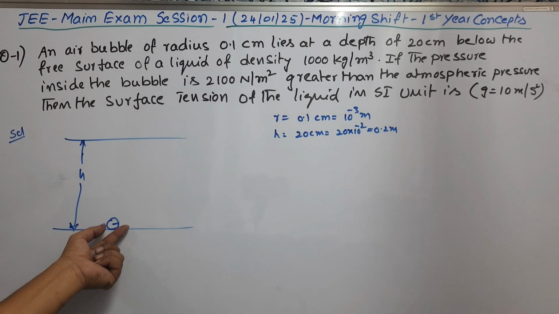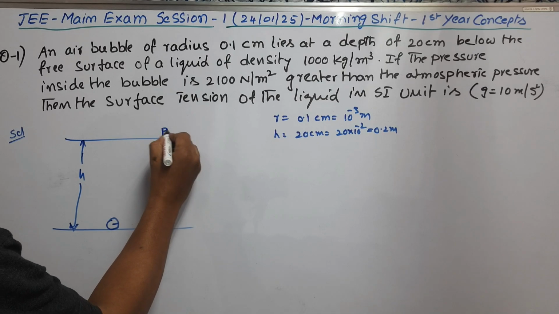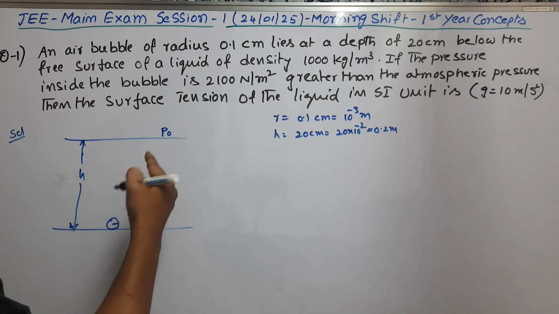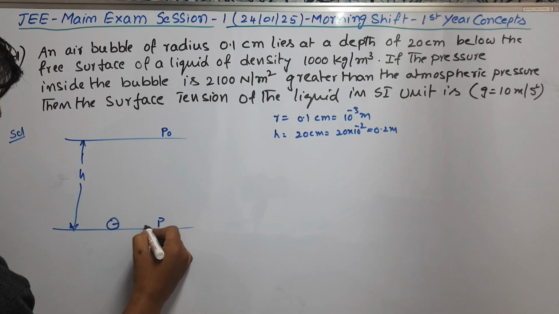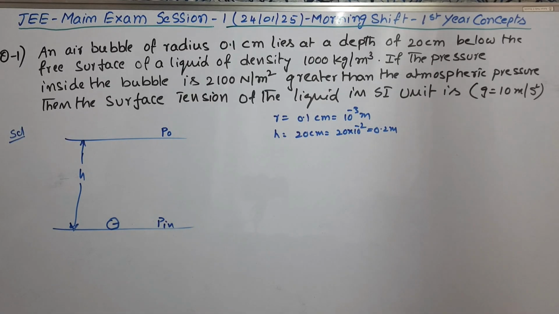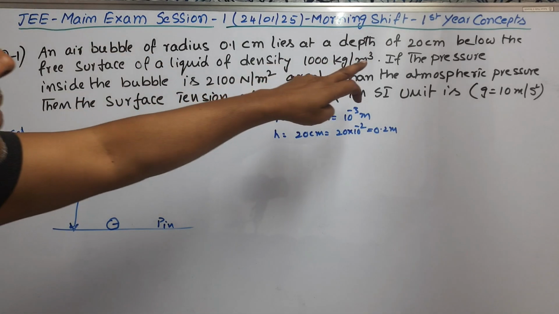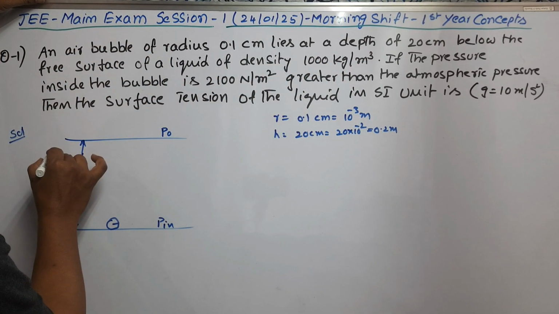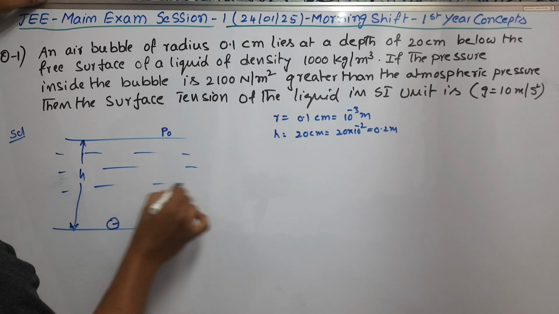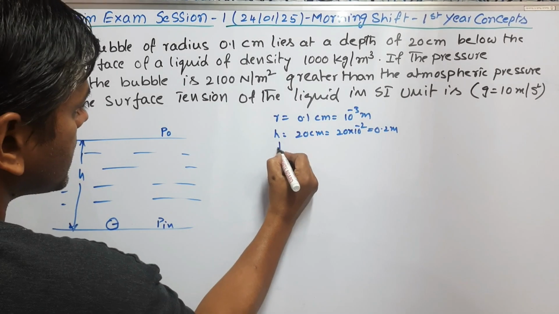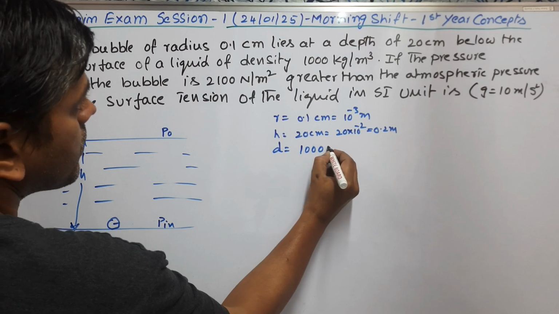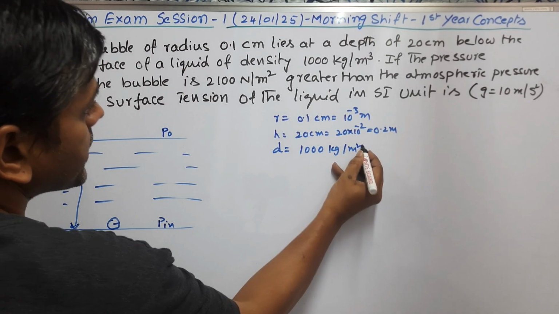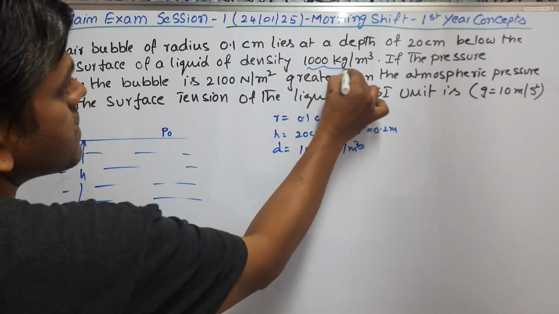Obviously some pressure acts on it. So what is the pressure outside, at the free surface of the liquid? P naught. This is called atmospheric pressure. When the bubble is inside the liquid, it has some pressure inside. The bubble lies inside water of density d equal to 1000 kg per meter cube.